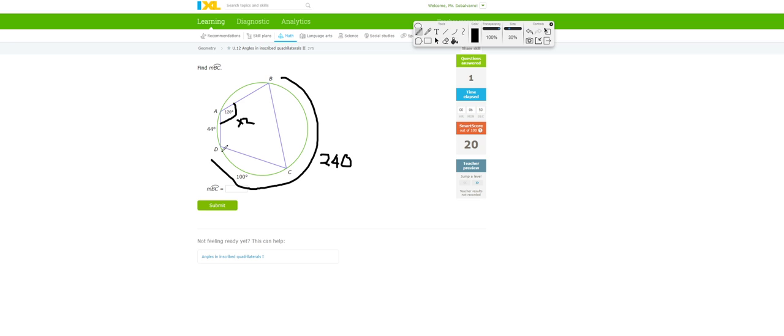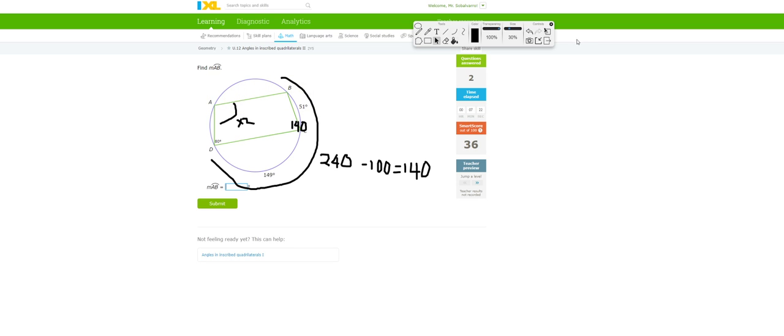Because I have from D to C, if I subtract 100 degrees, I will be left with 140. Now, what is 140? Well, 140 will be from B to C. Look what it says. What is the measurement of B to C? Well, B to C is 140.